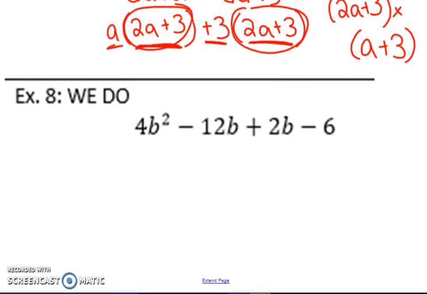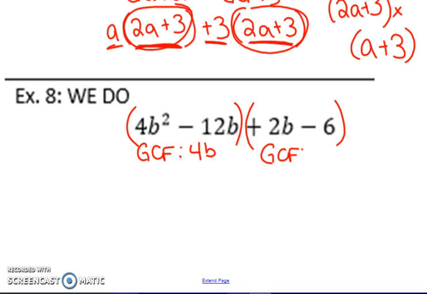If we look at our second example, again, I'm going to take two sets of parentheses around our terms, because although we could factor a 2 out of all those terms, let's group them together first. So now my GCF for my first set of parentheses is 4b, and my GCF for my second set of parentheses is 2. So now if I pull a 4b out, I'm left with b minus 3.